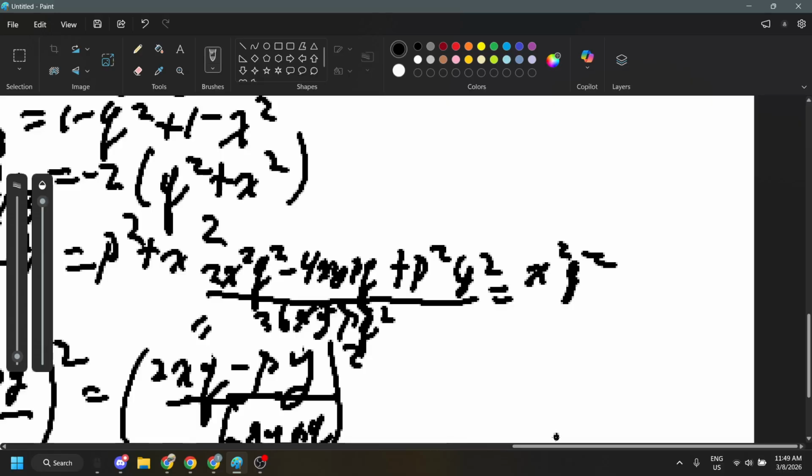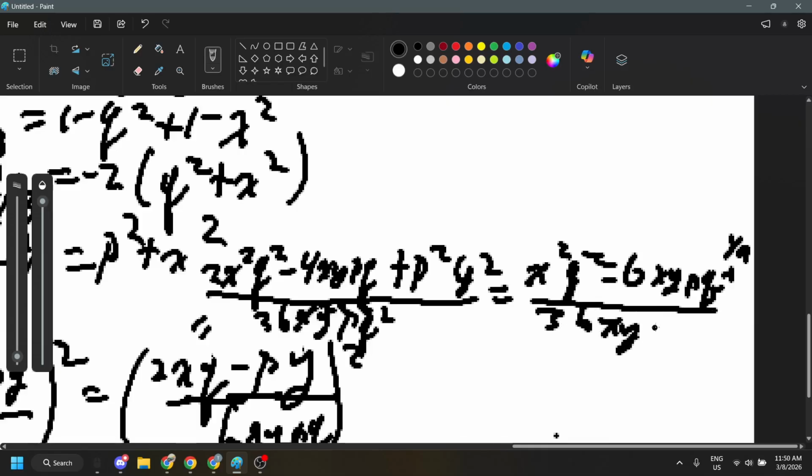It's minus, well, if you subtract, so it'd be minus 6xypq plus 1/9 all over 36 x squared y squared p squared q squared. Okay, so I guess we did simplify that a tiny bit.